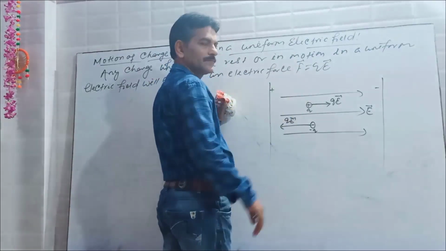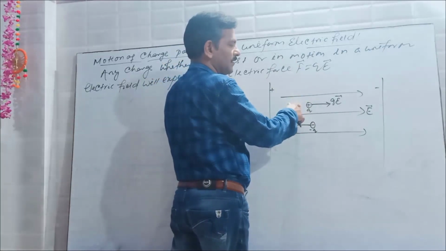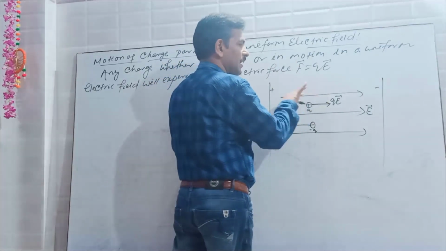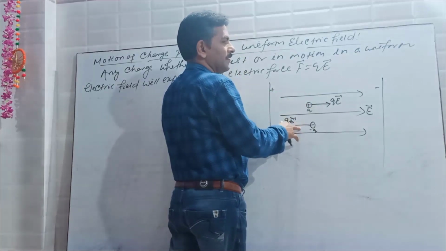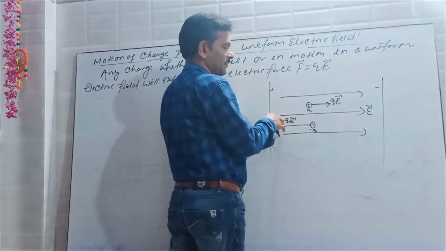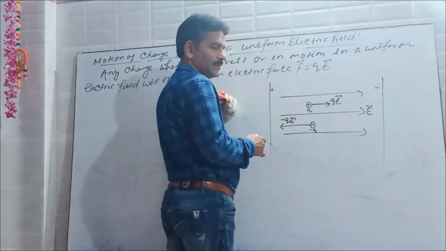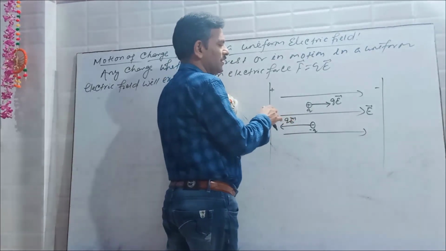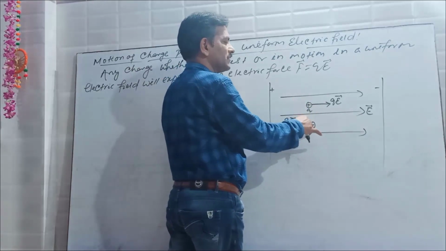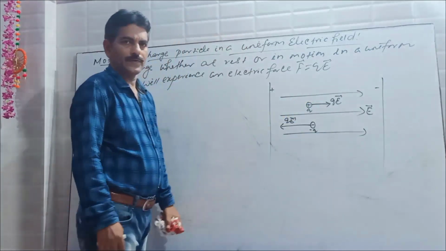Suppose at rest, the force acting on the positive charge is QE along the direction of electric field, and on the negative charge it is QE opposite to the electric field.